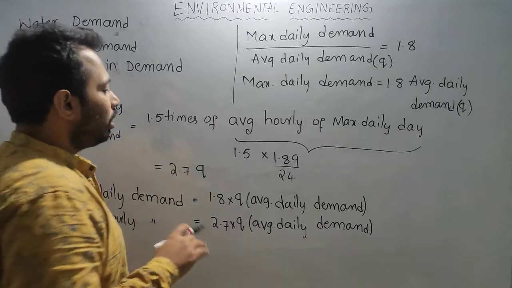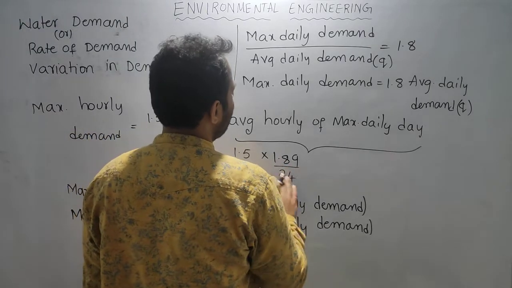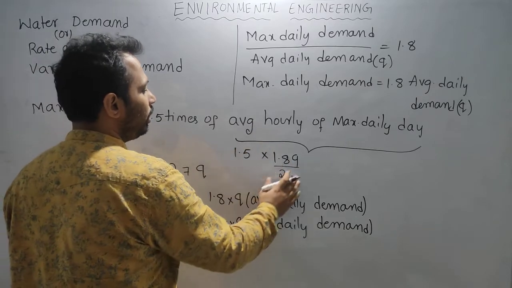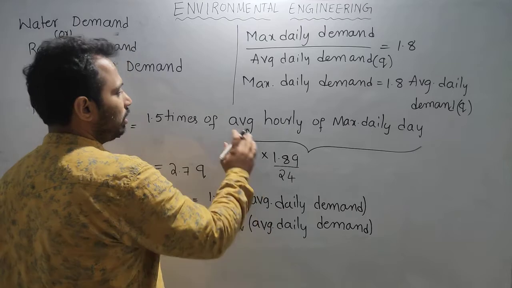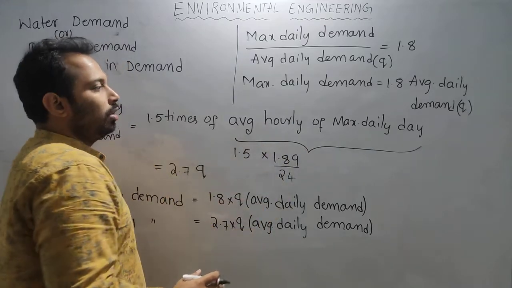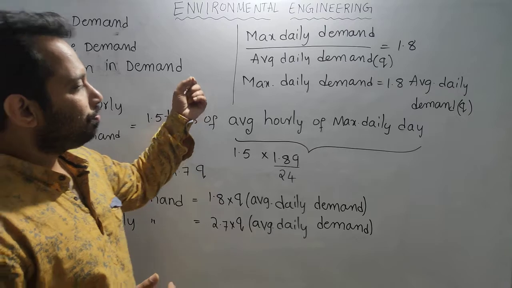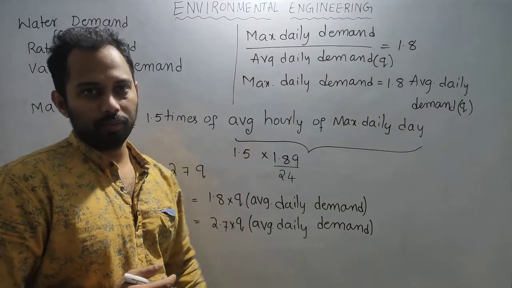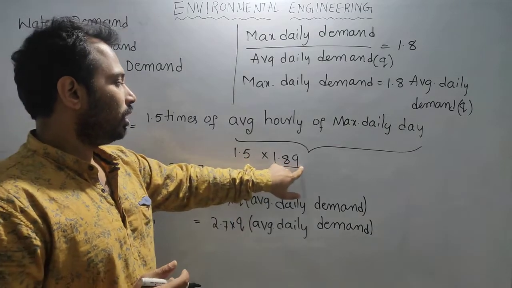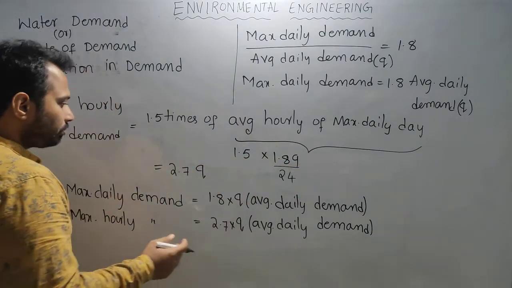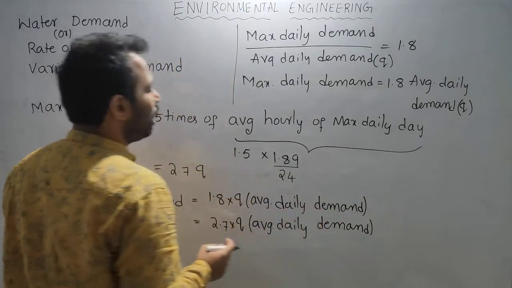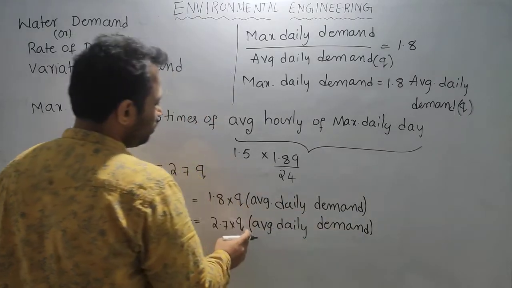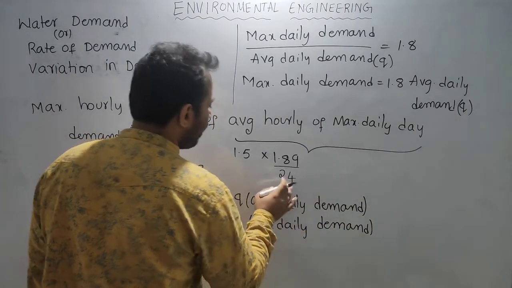And if it is not provided like this, and they directly say that it is average hourly, then take it directly as Q. Average hourly means this is Q, or else they may also say the hourly value of maximum daily, and they may provide this Q. If this average daily demand was calculated hourly, then you directly take it without dividing it with 24.